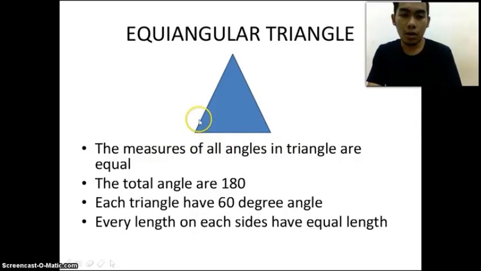The total of the angles in this triangle is 180 degrees, which means that each of these angles is 60 degrees, and all the angles in this triangle are 60 degrees. Every side also has equal length, so this side is equal in length to this side and to this side. So this is the equiangular triangle.